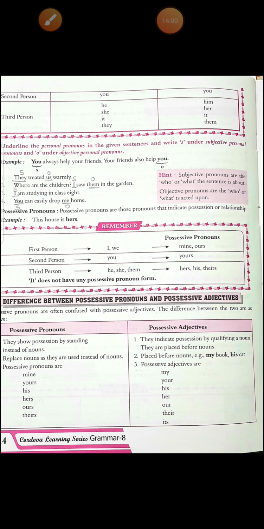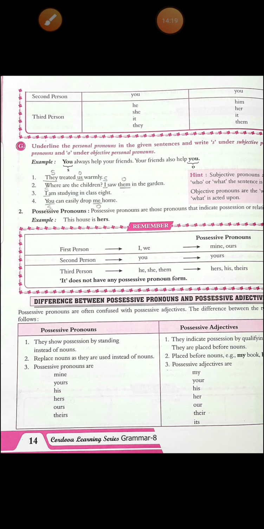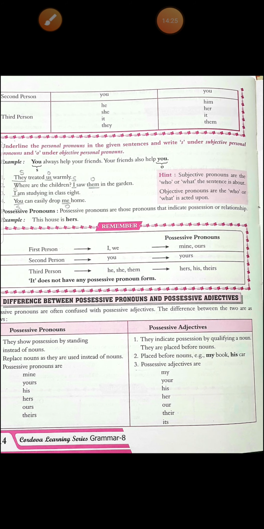What happens in possessive adjectives? They indicate possession by qualifying a noun. They are placed before nouns. They are not going to stand in place of a noun, like my book, his car, this way. I told you in that example, they don't replace the noun, they are placed before the noun.